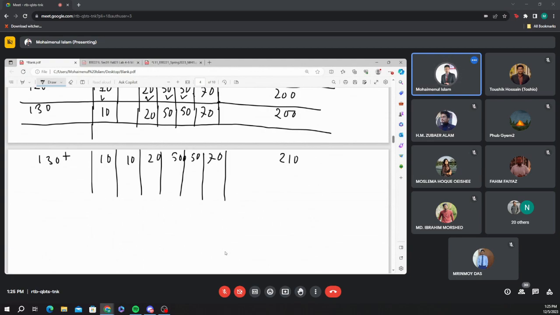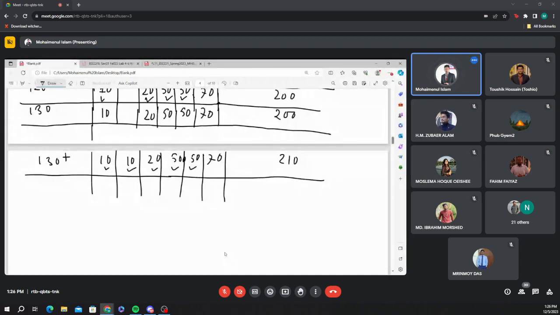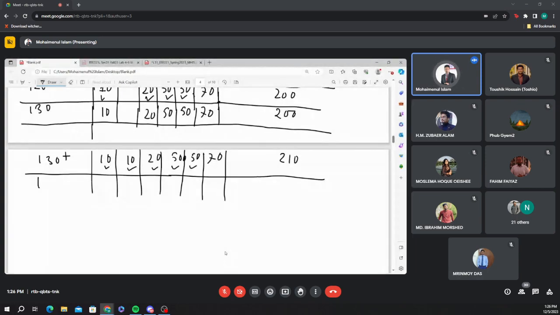So you see, generators 2, 3, 4, 5, 6, 7, all the generators are turning on, but we are counting only this part. 120, 130, 140. If it is 130 plus, you need to turn on the next generator. That's why we have turned it on, and you can cover 210 megawatt up to this. And what will happen if you consider 130 plus, meaning the next value?